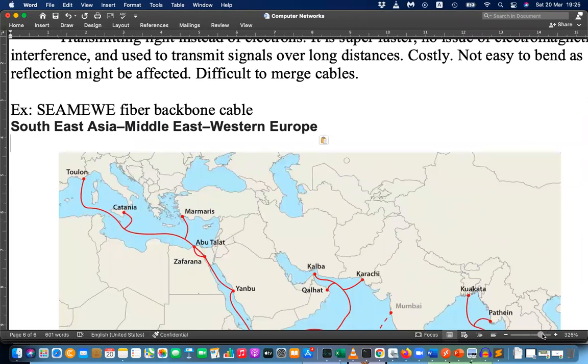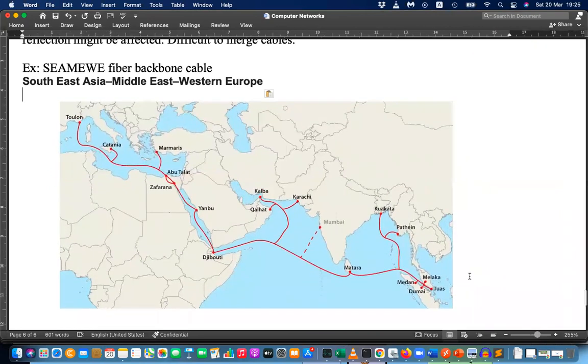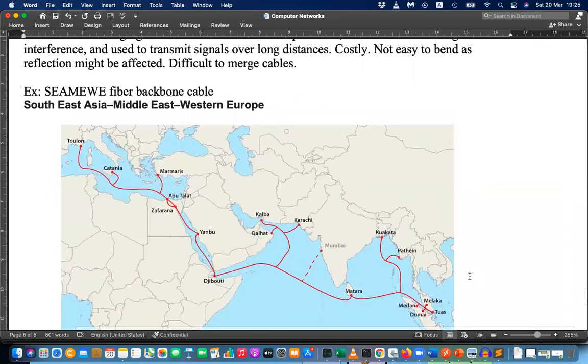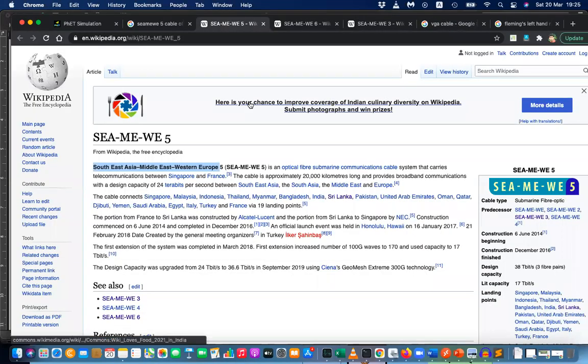Just write it. Actually no need to draw the map. Just write what is the CMEV fiber optic backbone, and that is how we get cable internet. This is how we get wired internet through fiber. So this is a fiber line. It's a large fiber line.